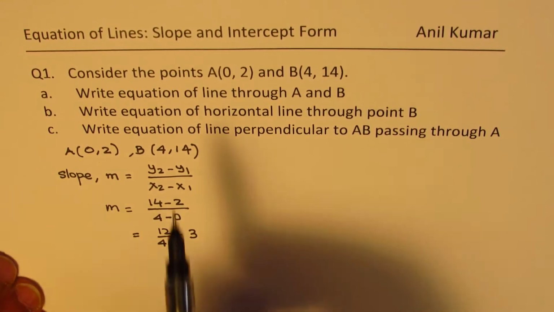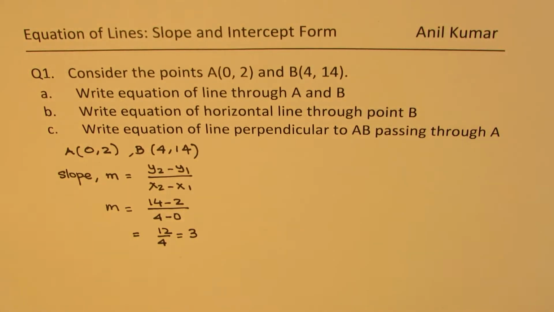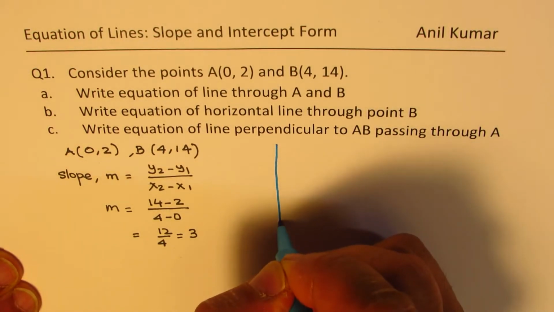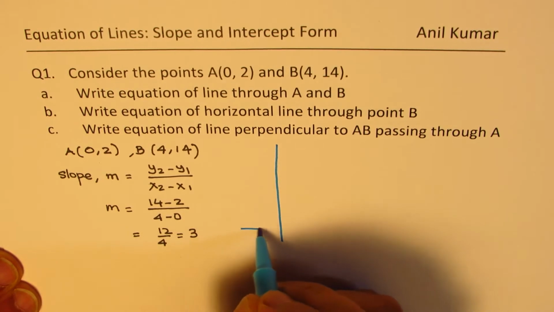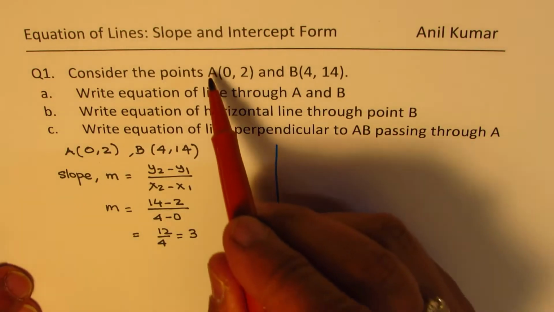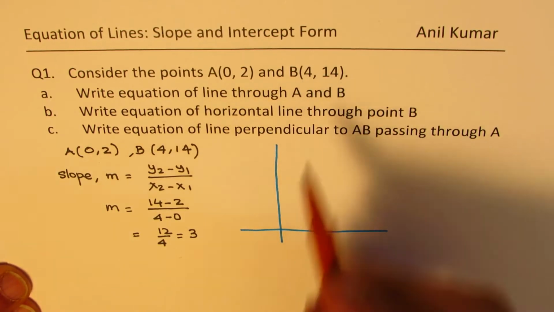Now, since the point A is (0, 2), it is actually the y-intercept. Let me sketch the scenario and show you. Basically, what we have here is point A, which is (0, 2), so it is on the y-axis. Point B is (4, 14).